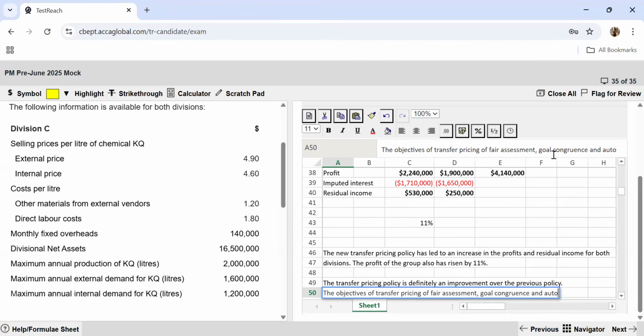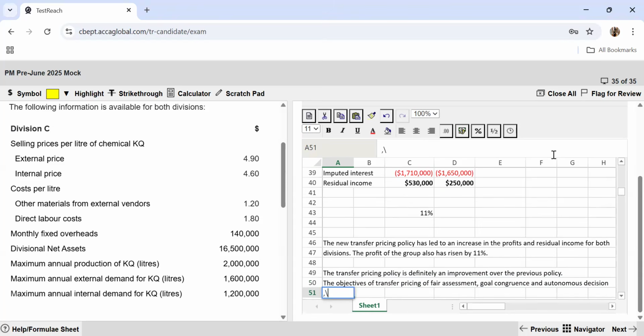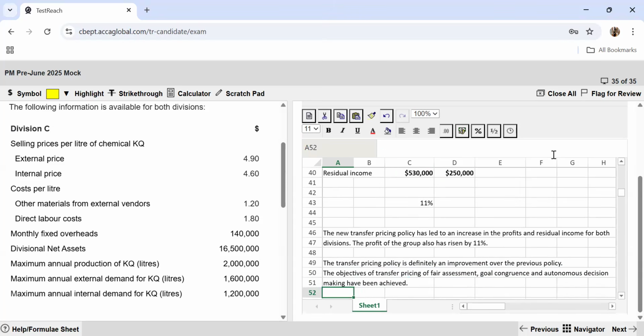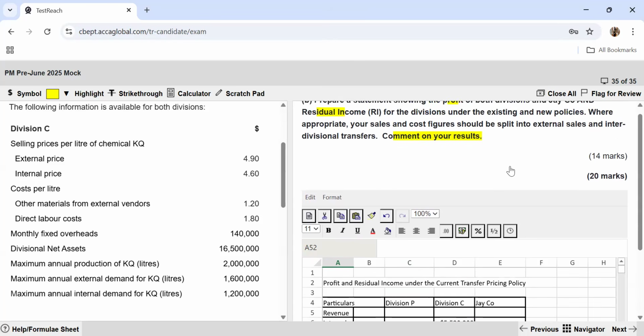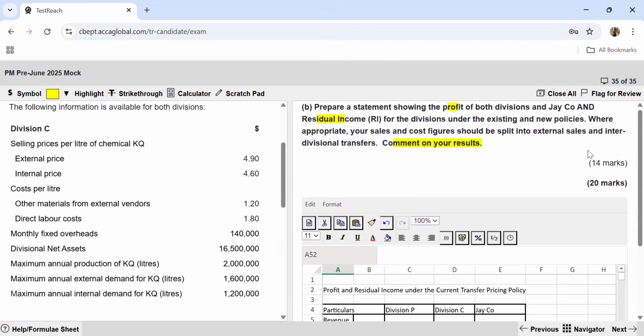These have been achieved. So everything that we wanted to do is now done. So this is a good transfer pricing policy. The company can go ahead and make this particular change. So this is how we are going to answer the very last requirement worth 14 marks in your paper.